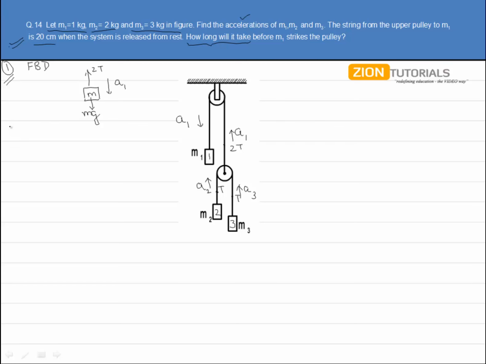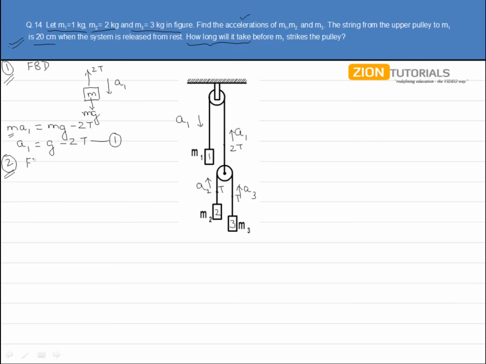Framing the equation for this block, we can say m a1 equals mg minus 2T. We have m equals 1 kg from the question. So putting the values, a1 equals g minus 2T. Marking this as equation number 1, let us proceed to block 2.